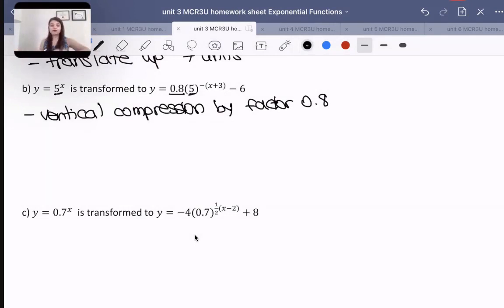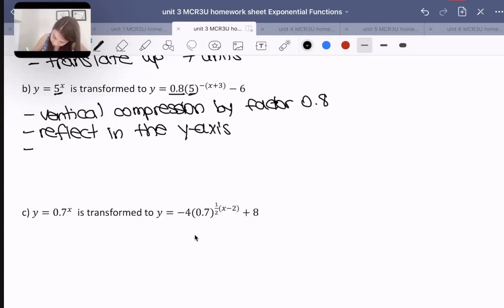Then we have our k value as just a negative sign, so that means we reflect in the y-axis. So reflection in the y-axis. Then we have x plus 3, so that actually means that we're going to be moving left 3.